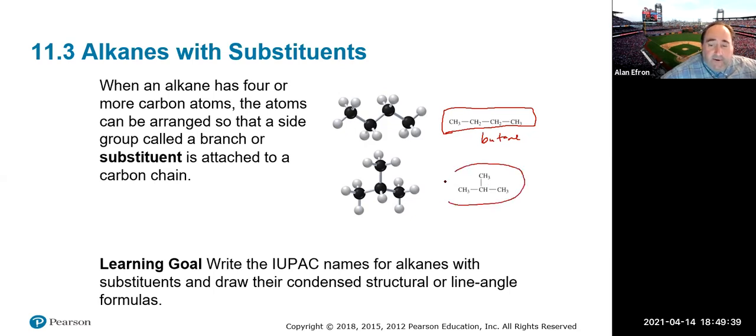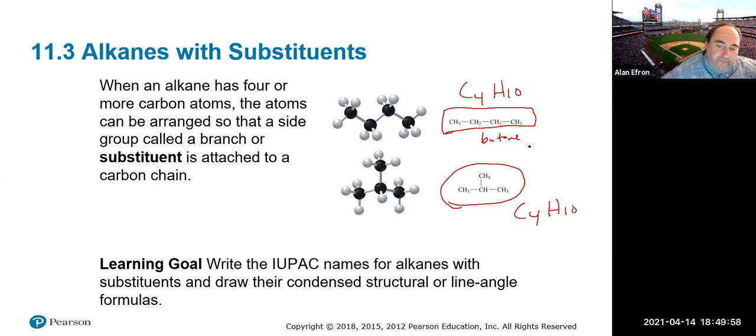If we look here, this also has 4 carbons. It also has 3, 6, 9, 10 hydrogens. This guy again also has 4 carbons and has 3, 6, 8, 10 hydrogens.